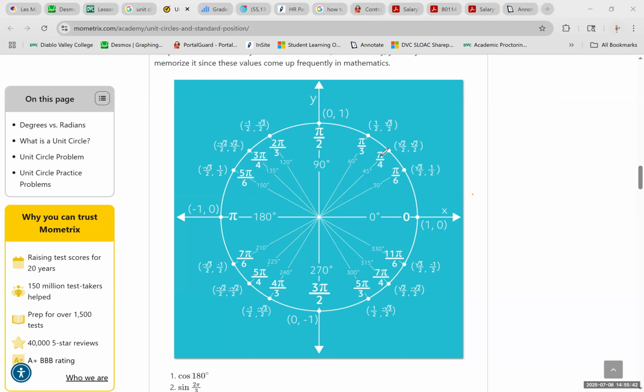If I was at 45 degrees, and if I was at 60 degrees, remember these are our special angles that we learned in the last lesson. We can write down what their cosine and sine are, and then make those the x and y coordinates here because that's the new definition.